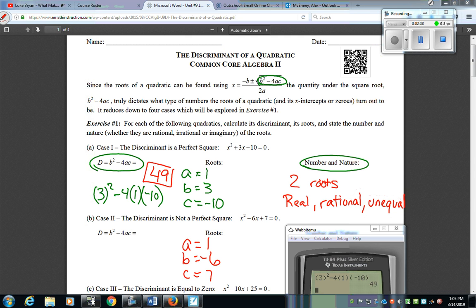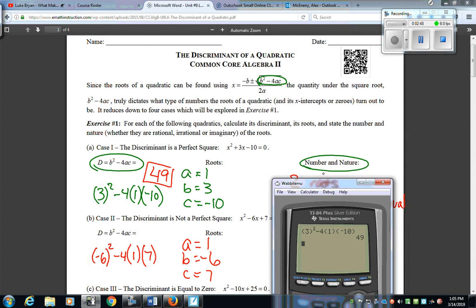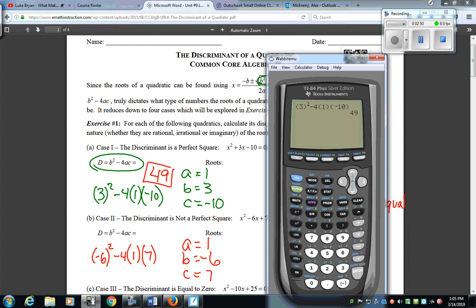Now I'm going to plug in my negative 6 in parentheses for B, and I'll plug in the 1 for A and the 7 for C. I'm going to go ahead and type that in. So we got negative 6 squared minus 4 parentheses 1 parentheses 7. We end up with the number 8.